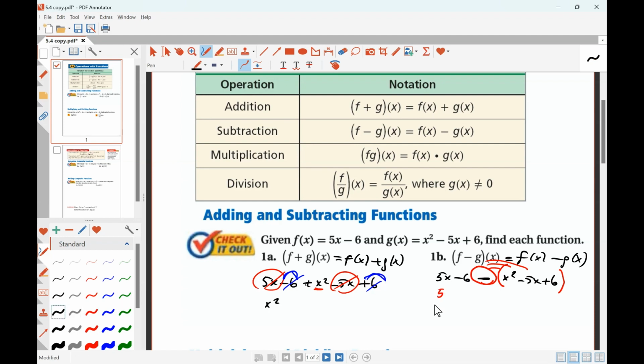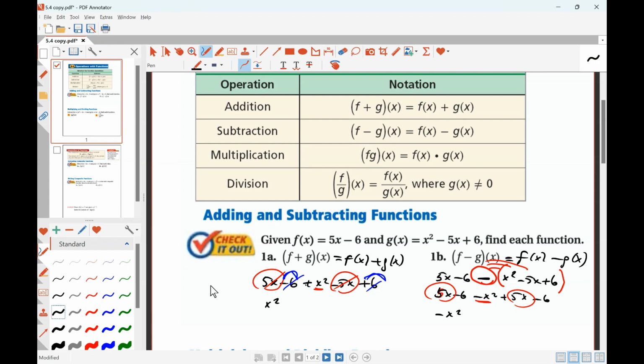5x minus 6 minus x squared, minus minus makes plus 5x, minus 6. Now the following step is combining like terms. I have negative x squared here. No more x squared, so just itself. What about x's? I have 5x plus 5x. I can combine them. 5 plus 5, 10.